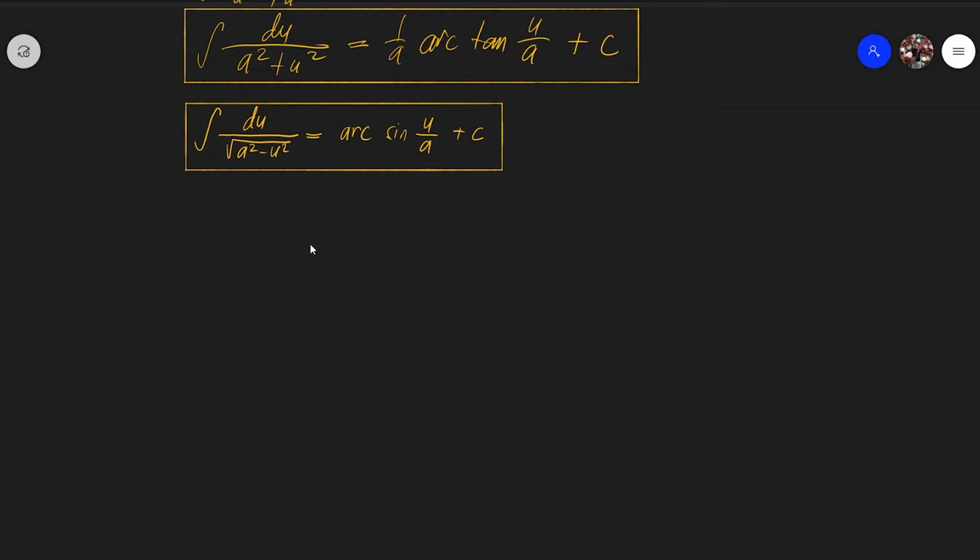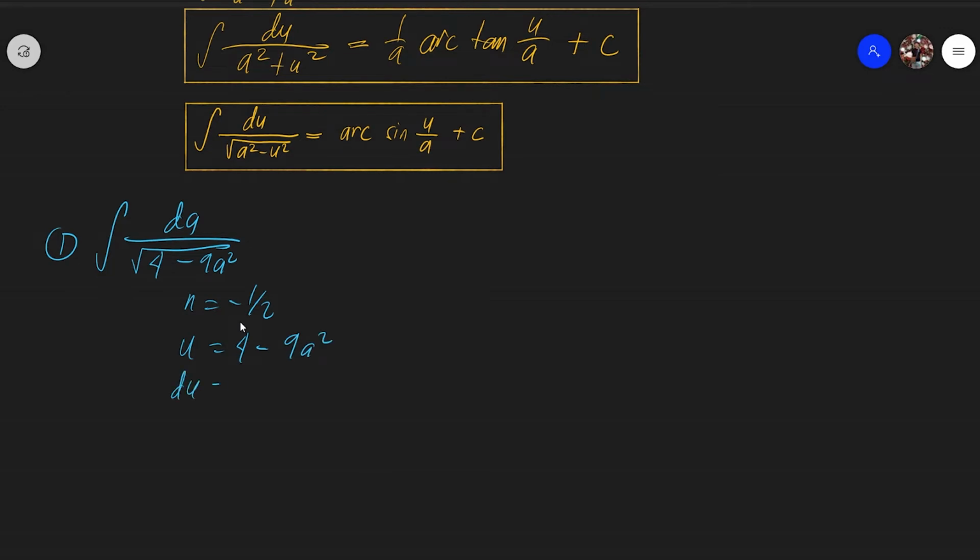I have here the integral of dA over the square root of 4 minus 9a squared. Now, obviously, you cannot use your power formula here because if you do, your n will be equal to negative 1/2, and your u will be 4 minus 9a squared.